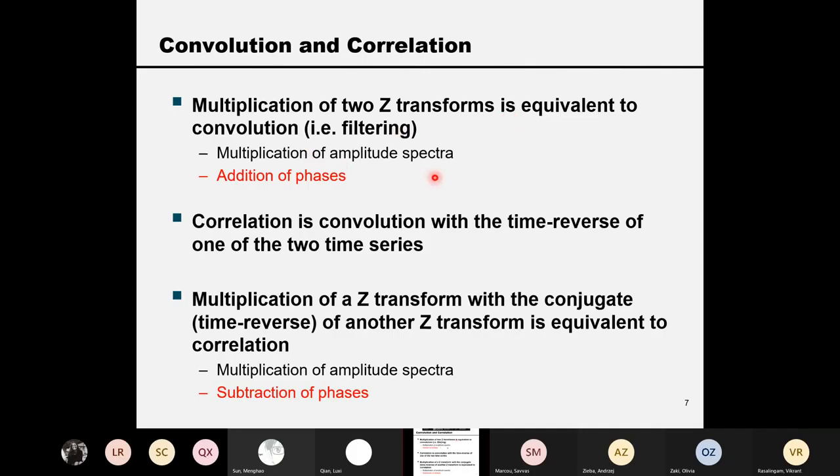So in the Fourier transform domain, the multiplication means you multiply two amplitude spectra, and the phase, you simply sum them together, right? Because in the Fourier transform domain, each sample is a complex value. You have a magnitude or amplitude, but also have phase. So the multiplication of two complex values becomes a multiplication of amplitude spectra and addition of phase.